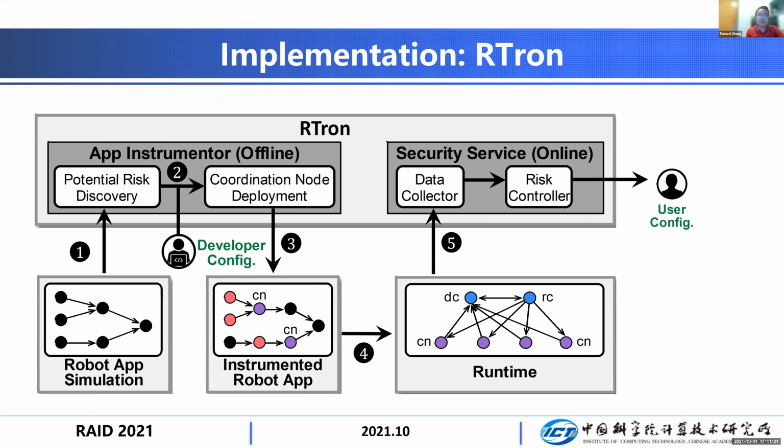If so, the risk controller will follow the policies specified by the users to regulate these potential risks and make sure the robot's state will not be compromised by these risks. Through the whole pipeline, our Itron system is able to guard the security of the robot systems and robot apps, even if some nodes are malicious.